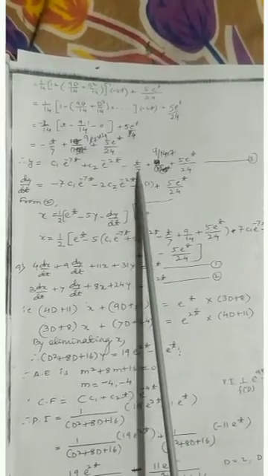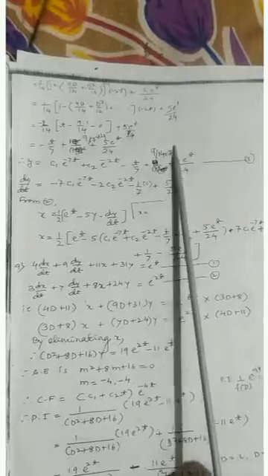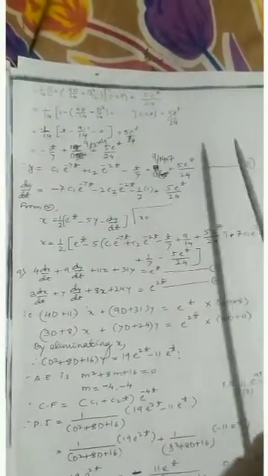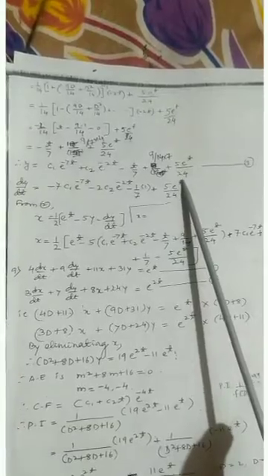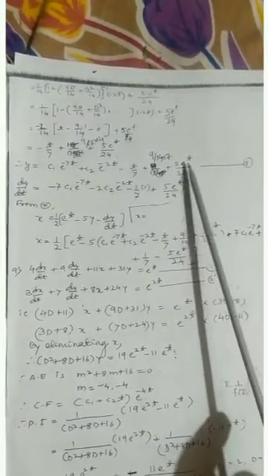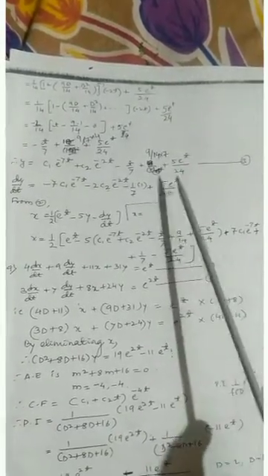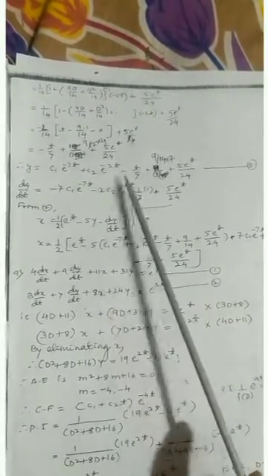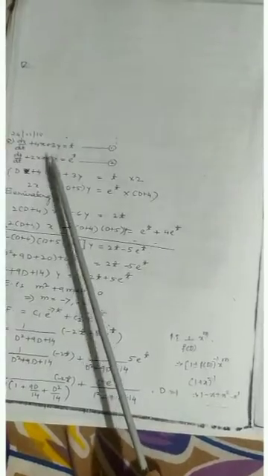Next, 1 by 7 as it is, t differentiates to 1. The constant terms differentiate to 0. Then 5 and 24 as constants, and e to the power t differentiates once again to e to the power t. Put these values in equation 2. We know the dy by dt value and the y value, so we get the x value.